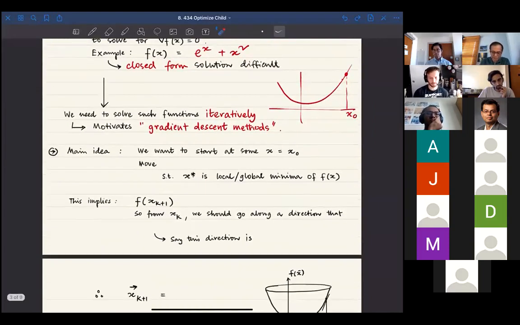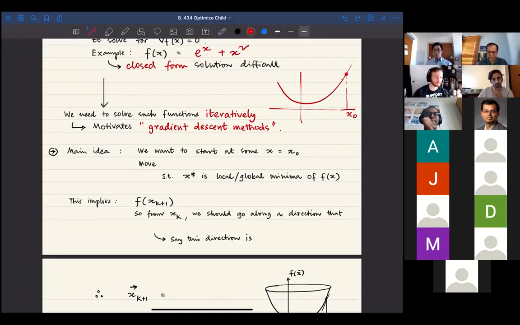And that is where we need to solve such functions iteratively. And this motivates what is popularly known as gradient descent methods. Okay, and that's where we are today. So what is gradient descent?